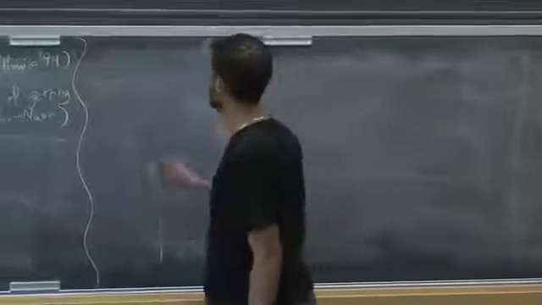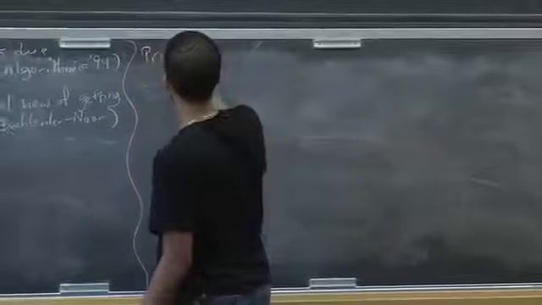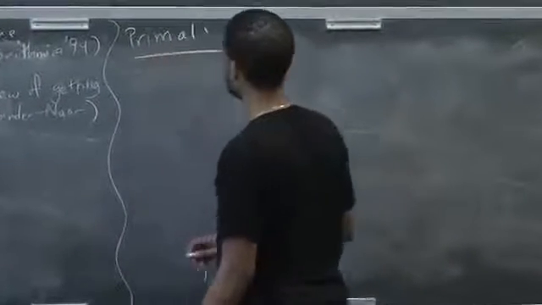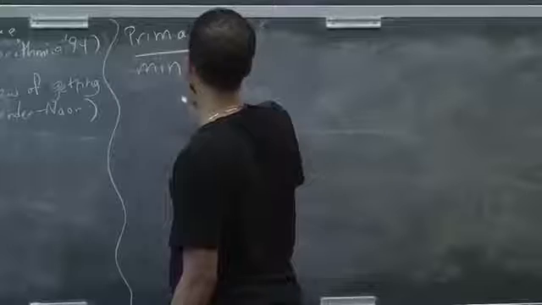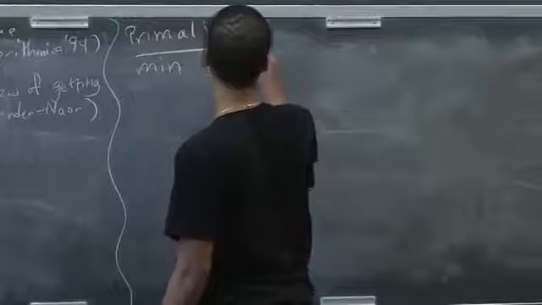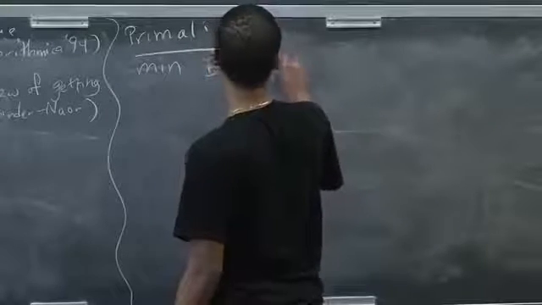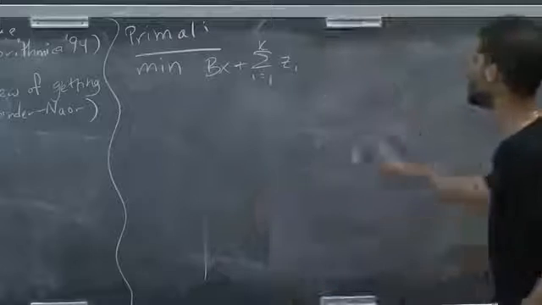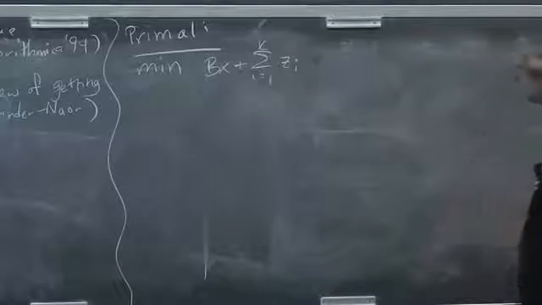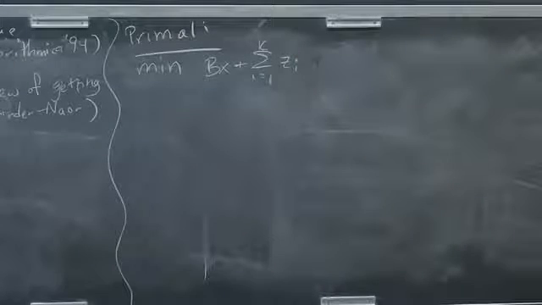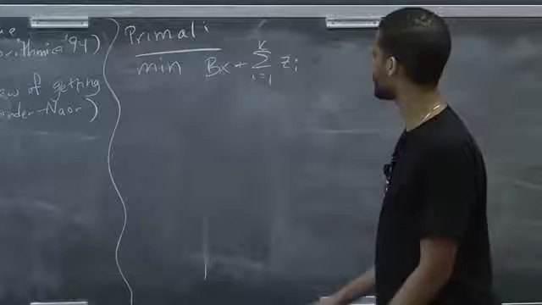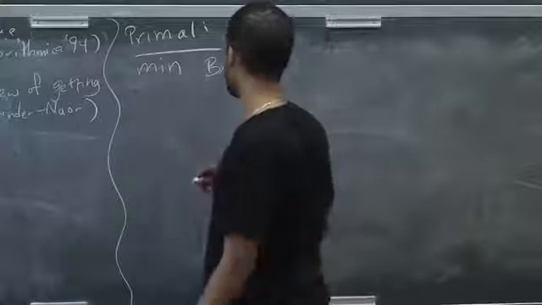So for ski rental, we have the primal LP, which says minimize bx plus the sum i from 1 to k of zi. Okay, so zi tells us whether we rented on the ith day, and x tells us whether we've bought the skis, and there are k days. Of course, we don't know k ahead of time.